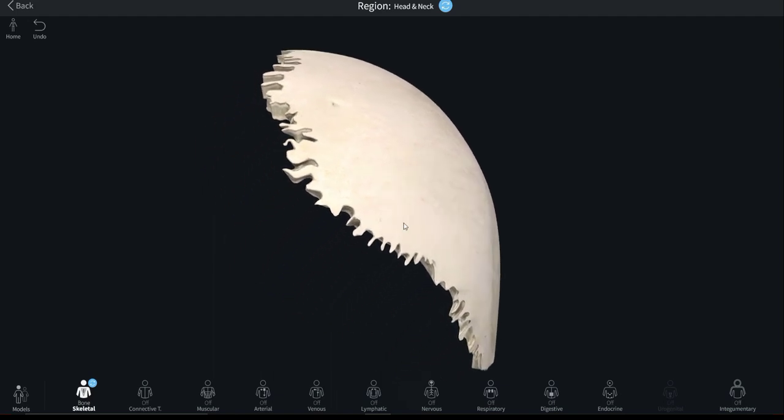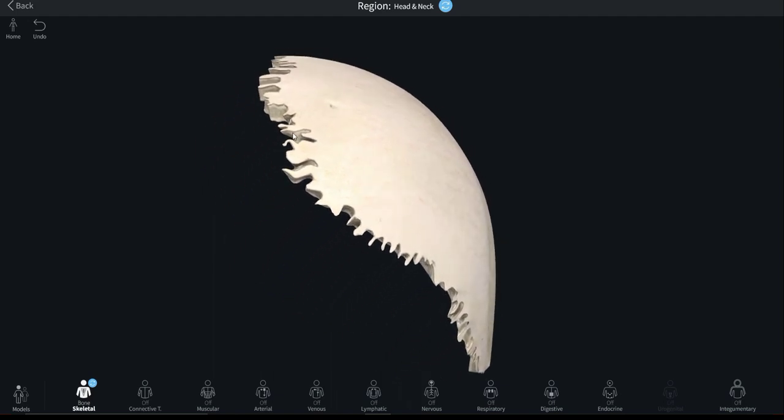See, this here is the posterior view of the parietal bone, right? Now, this convexity, there is a point on the parietal bone where this convexity is the maximum, right? Maximum.